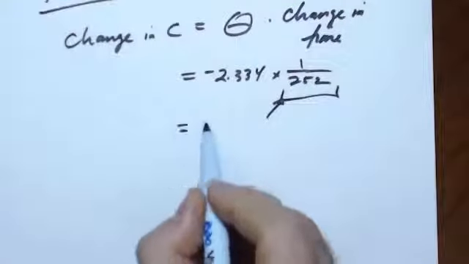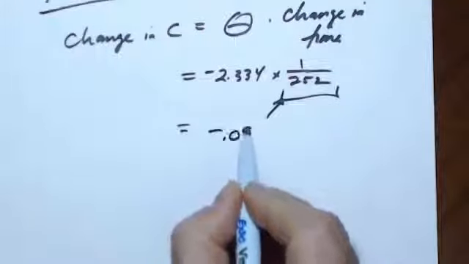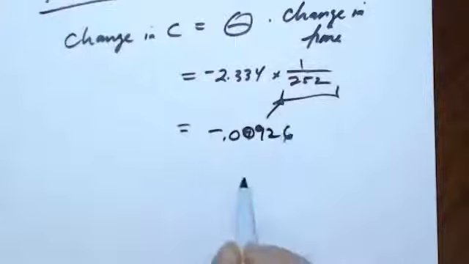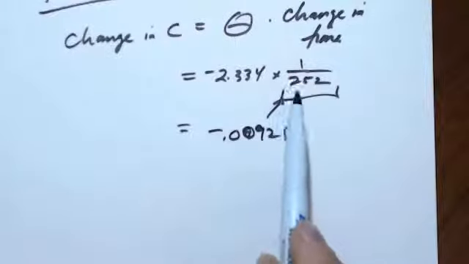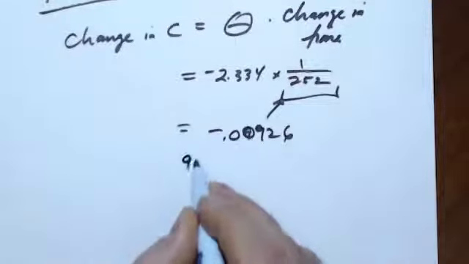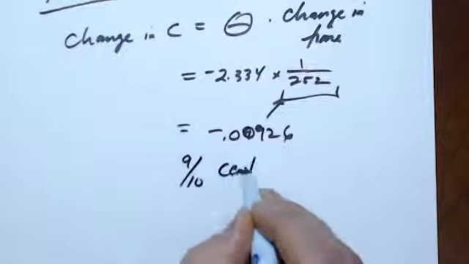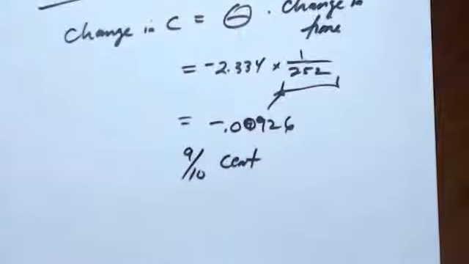And so what we're saying here is that as you march through 1 day of time for this option, you're going to lose about 9/10 of a cent, almost 1 cent, in 1 day because of this.